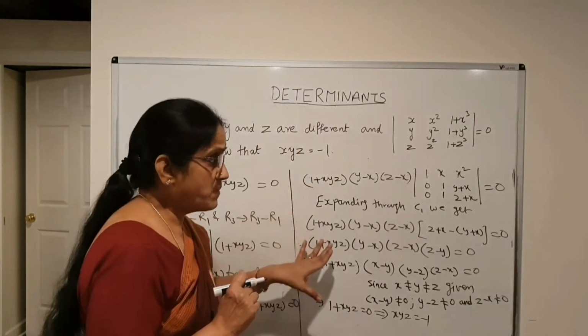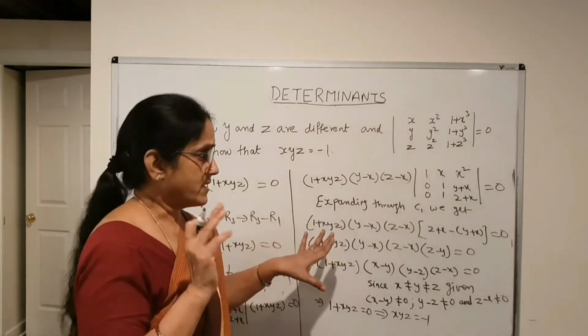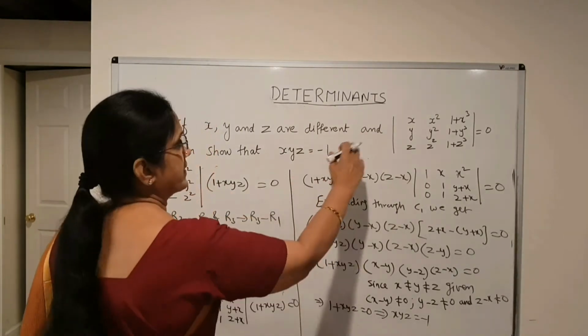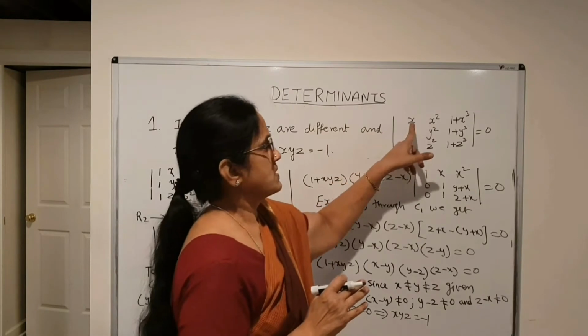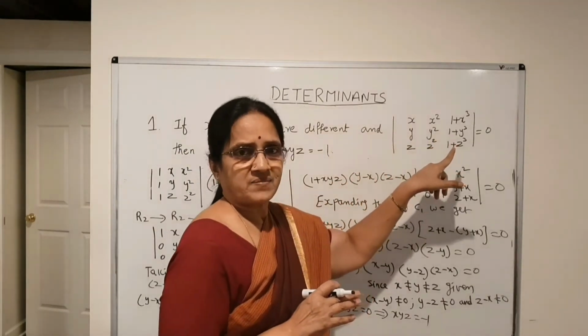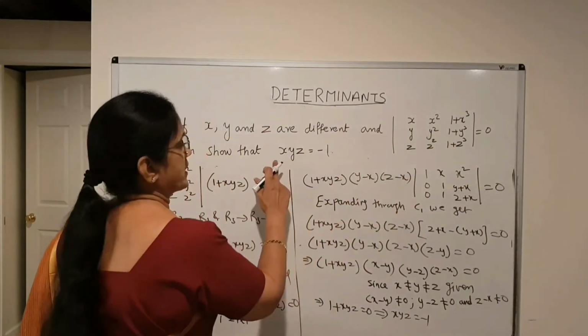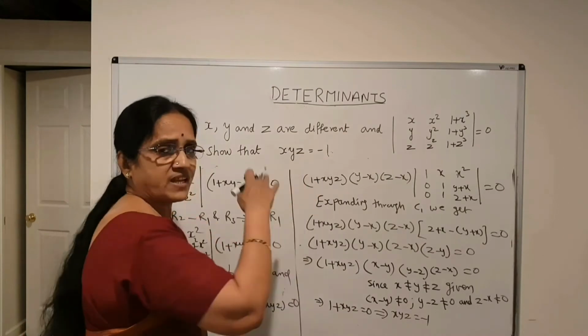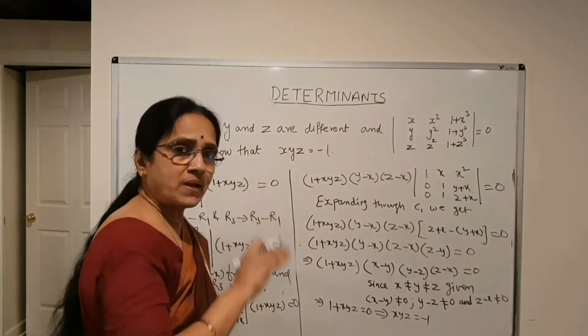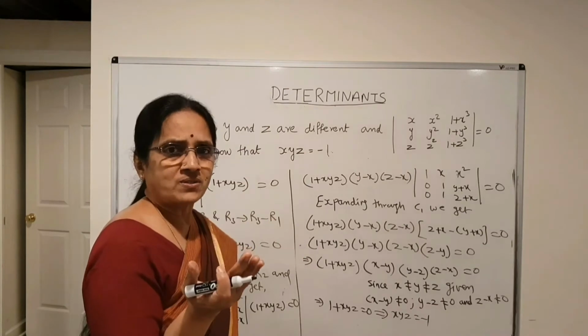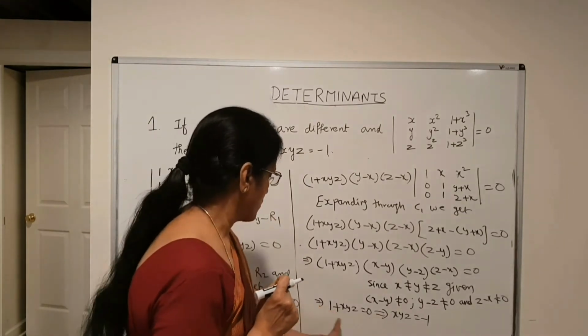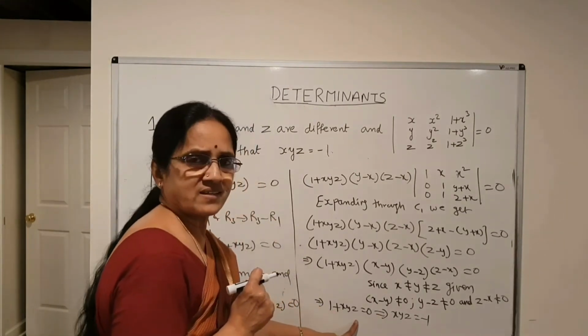Now, the same question was asked in 2011 in one of the sets. Instead of xyz, everywhere it was in terms of a, b and c. Instead of asking you to prove xyz equal to minus 1 in the sum, there it was asked as 1 plus abc equal to 0. See, that's what we are getting here also, 1 plus xyz.